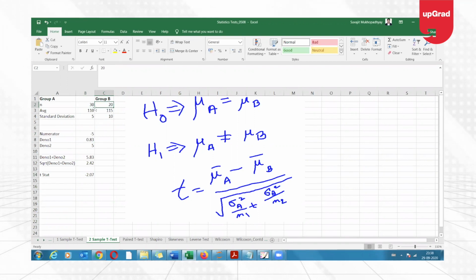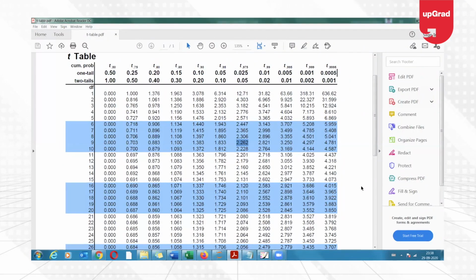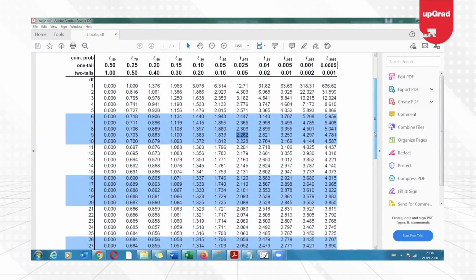So in this case both are different. So let's pick n is equal to 20. So here, if I look at it, the p-value or the critical value is 2.086 if I pick n is equal to 20.